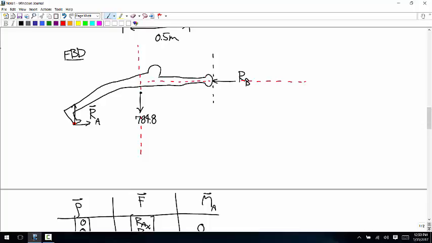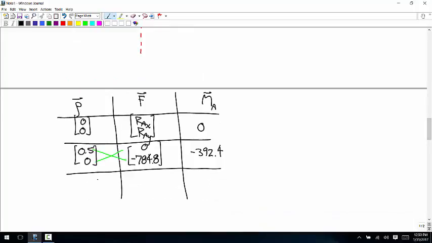So I'm going to move that, I'm going to say the rho vector for this, you know, keep this going all the way. I'm going to say that the rho vector just has a vertical component of 0.8. So 0, positive 0.8. Force vector is negative RB, 0. So we have 0 times 0 minus 0.8 times negative RB.